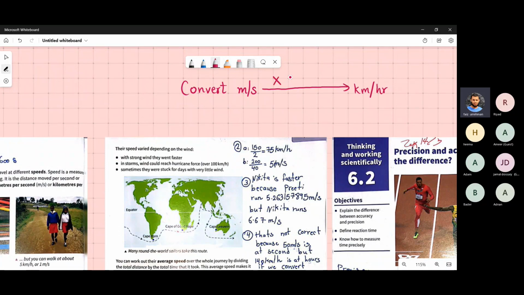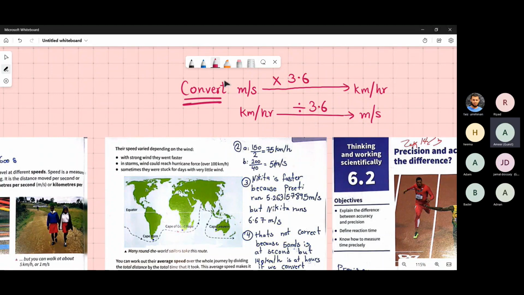You multiply by 3.6. And when you have to do the opposite, kilometers per hour into meters per second, you do a division. This was a homework, to convert this table to kilometers, to prove how to make it.